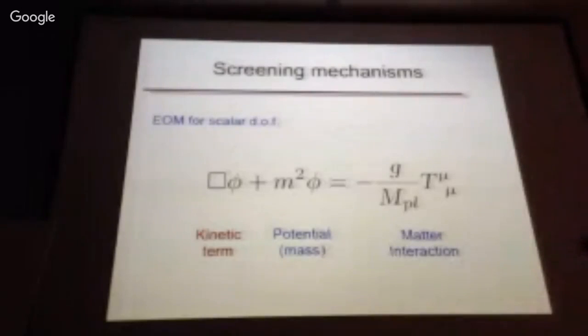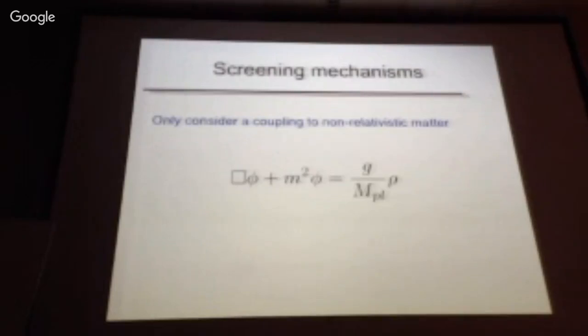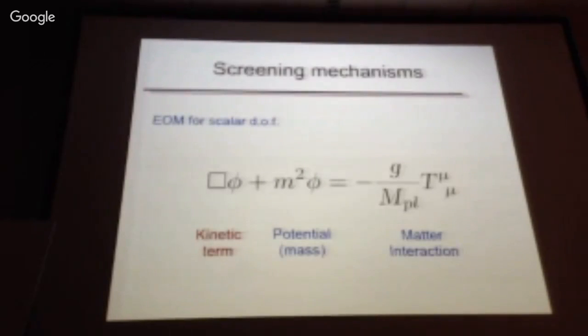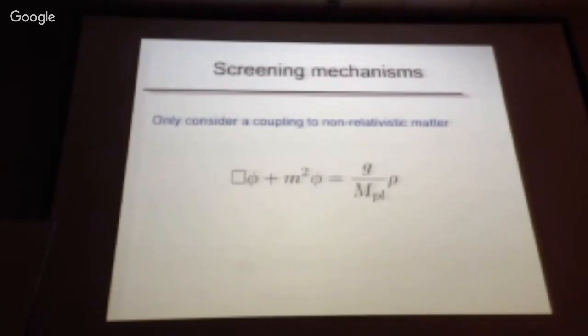So if I consider a scalar field, and I put a generic equation of motion for a scalar field, a simple one might have a kinetic term, a mass term, which is just the potential, and how it couples to normal matter, how it interacts with normal matter. Now, if I only care about non-relativistic matter, which is what we see in space, so things that are not traveling fast, then I don't couple to the full energy momentum tensor, but only to the density.